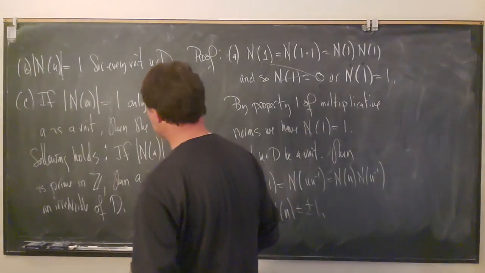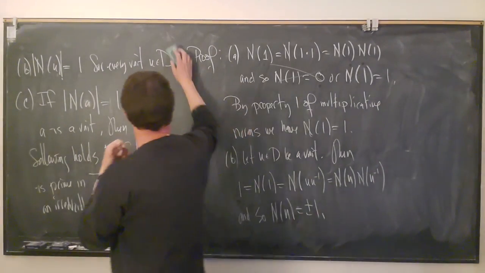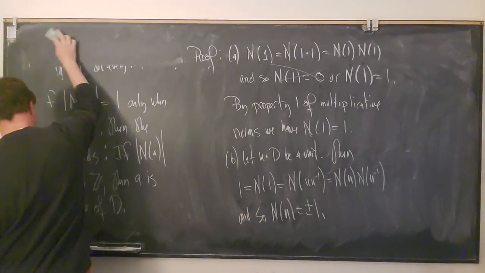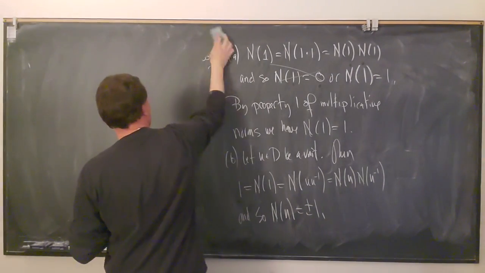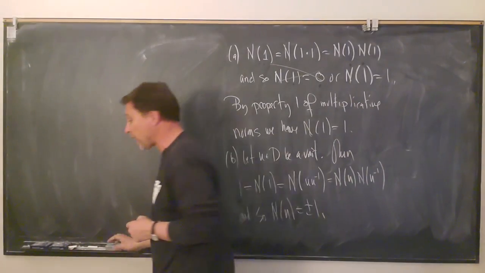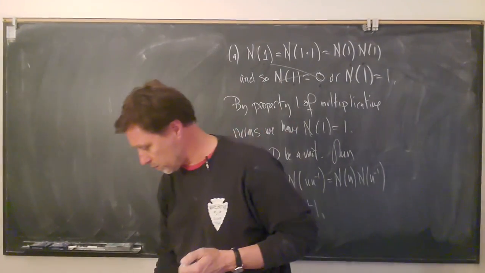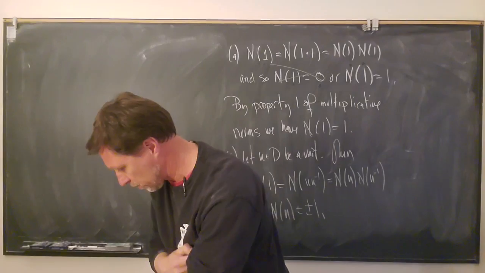Okay, so now the last one. If the absolute value of the norm goes to 1 only when we have a unit, then we get to use this to detect irreducibles.